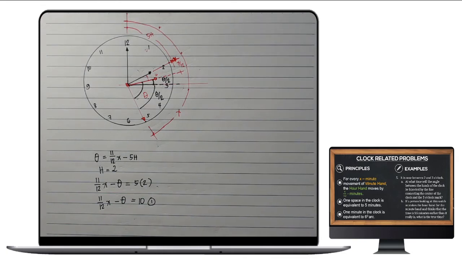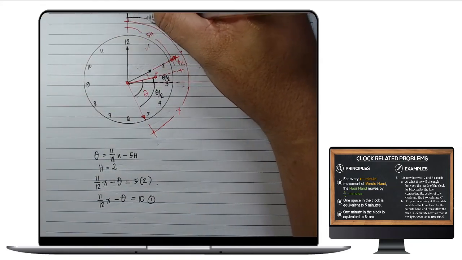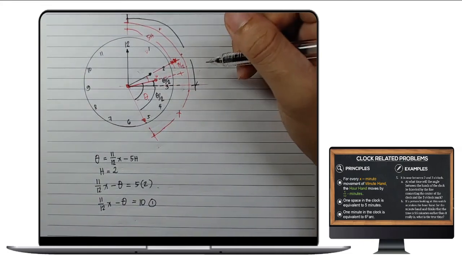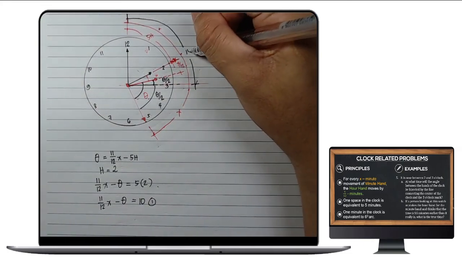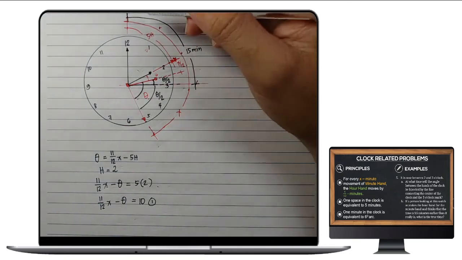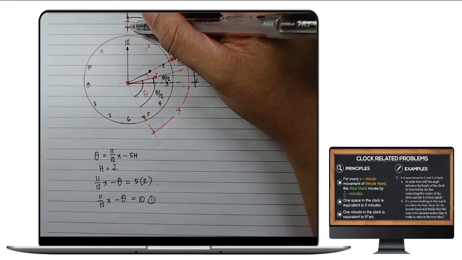Okay? So we are going to form another equation. So we know that from this point, going through the 3 o'clock mark, so from 12 o'clock mark, that is a full 15 minutes. So from this point going to this point is 15 minutes, or that is 5h.